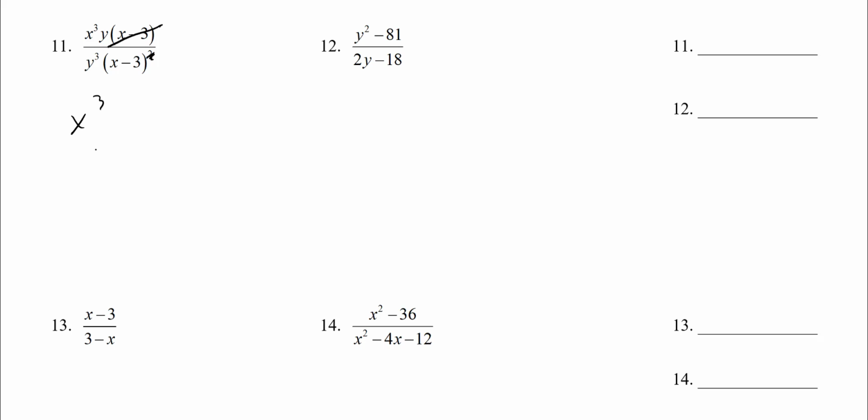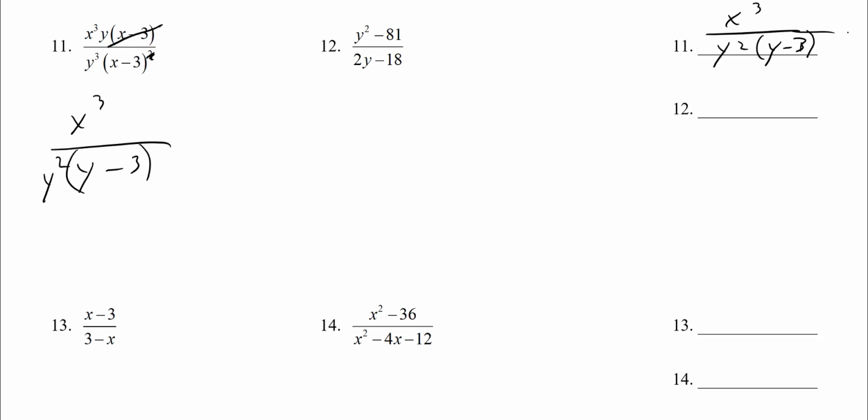So I have x cubed. On the bottom, I have y minus 3. And I do battle with the y's, and the y wins on the bottom by 2. So y squared, and that's your answer: x cubed over y squared, y minus 3. That's not bad.